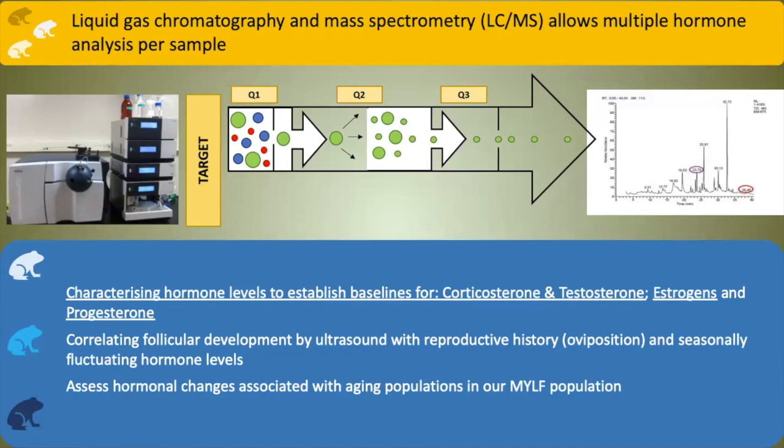And what we do then is correlate these hormone levels back to our ultrasounds, and we can look back through our breeding history and sort of go through the individuals and the species as a whole to look at the different breeding histories for our animals. And this is obviously important not only in terms of natural breeding, but when you're thinking about the application of assisted reproductive technologies, it's important to know where your animals are physiologically before you start injecting them with hormones.